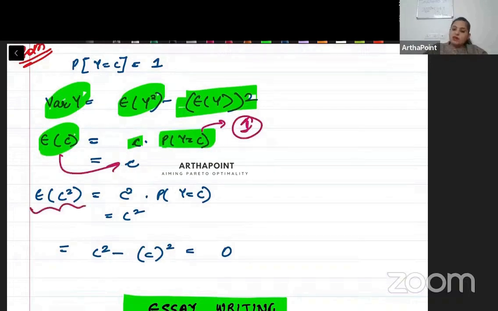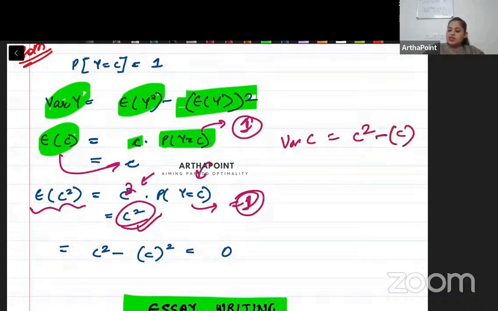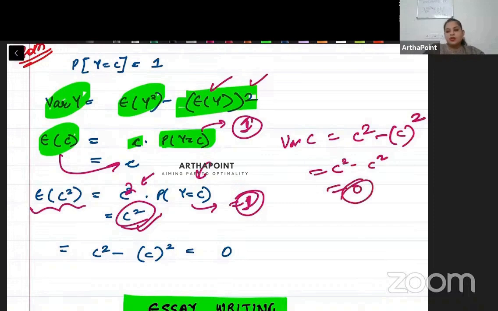E of c square will be c square into P(y equal to c), which is 1. So it will be c square. Just put these values. So variance of c will be c square minus c whole square, so that will be c square minus c square, 0. So the variance of c will be 0.